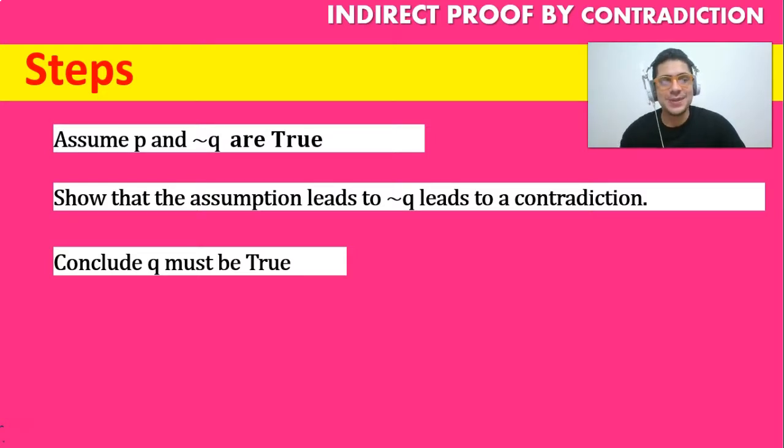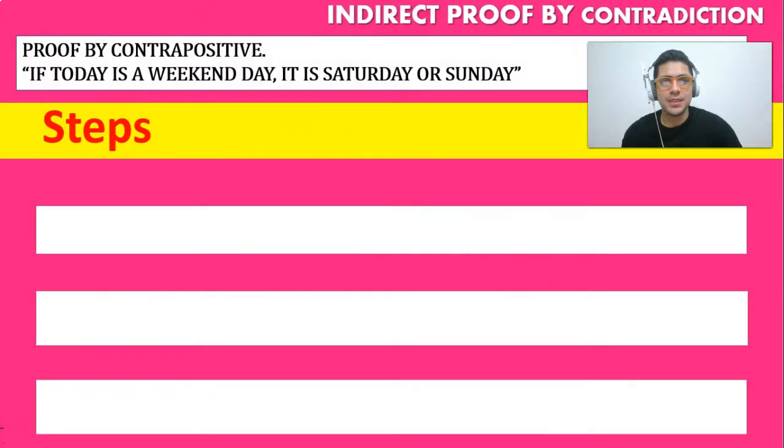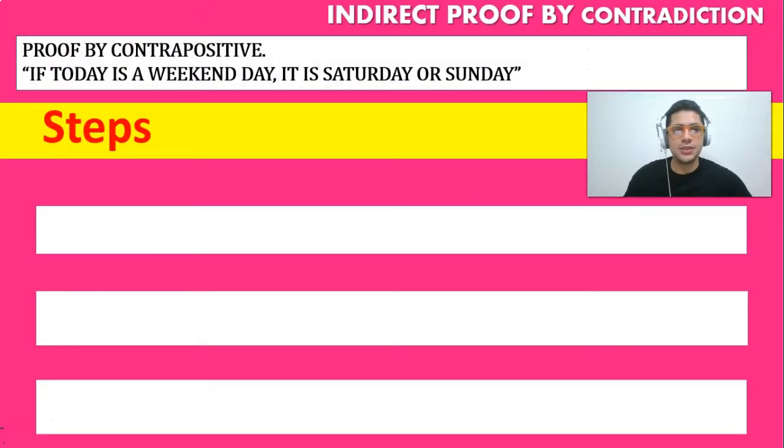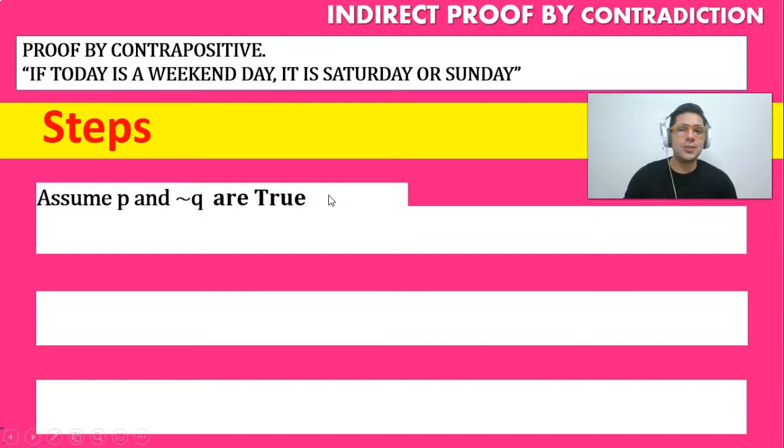Okay, guys, so let's begin with an example. So the example we're going to be seeing today is basically, if today is a weekend day, it is Saturday or Sunday, okay? So remember, guys, the first step was assuming that P and not Q are true. So if we're assuming that P is true, we're assuming that it is in fact a weekend day.